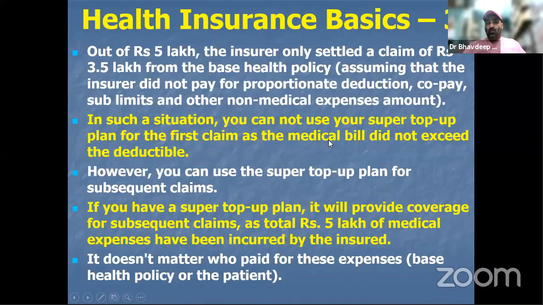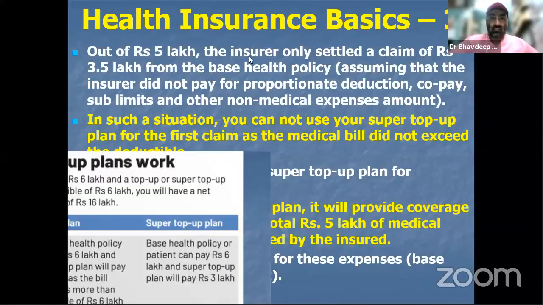Again, the super top-up cannot be used because your total bill did not exceed the deductible. Deductible was 5 lakhs. But you can use the super top-up for your frequent claims. For the next claim of 4 lakhs, because your limit is breached now, you have 3.5 plus 4, 7 lakhs. So you will be covered under the super top-up plan.